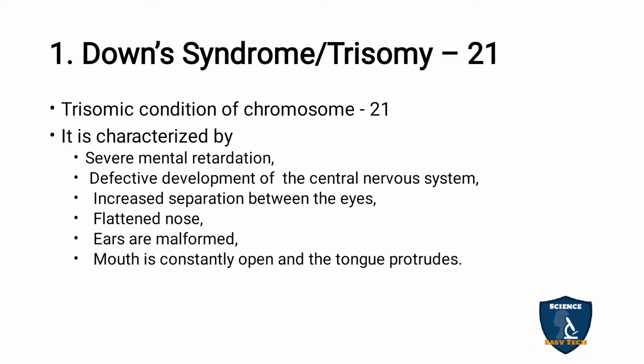In the brain we have the cerebellum, medulla oblongata and so on. If the entire brain is not functioning, the person cannot do mental or physical work. There is also increased separation between the eyes. In between our eyes there is one nose, and normally the eyes are equally divided.